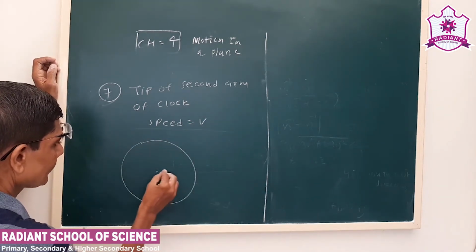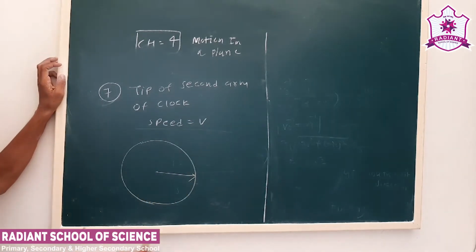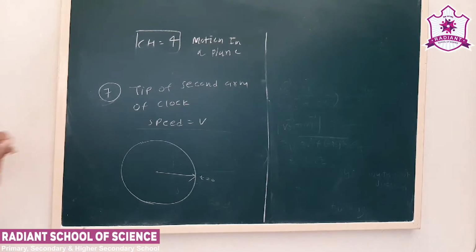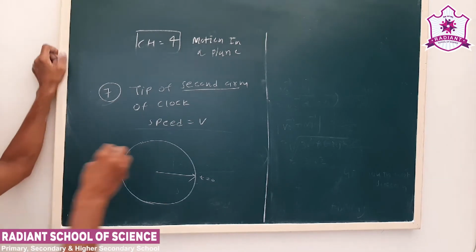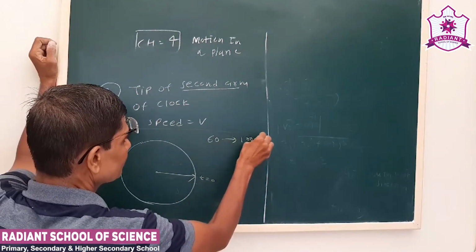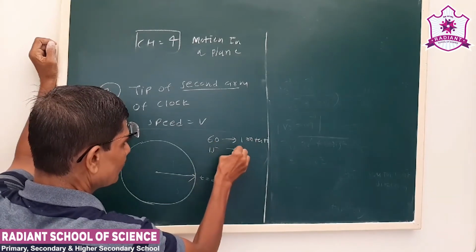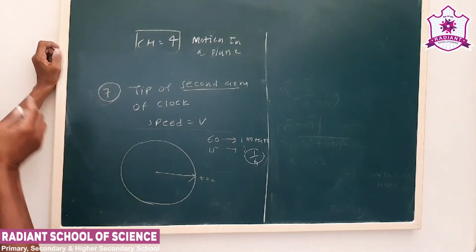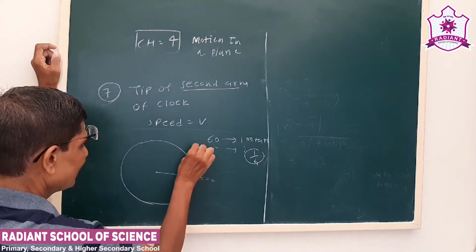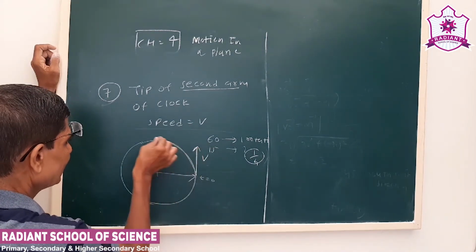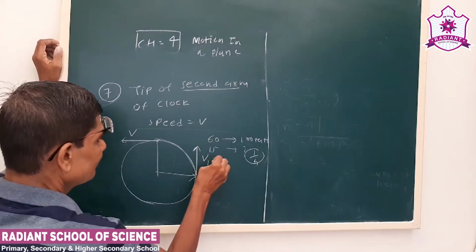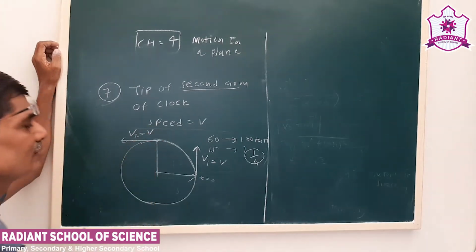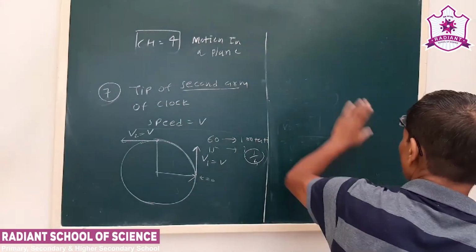Let us say the second arm is here at t equal to 0. We know the second arm completes one rotation in 60 seconds, so in 15 seconds it completes 1 by 4 rotation. At a given instant the speed is v, and in 15 seconds it will be here, the speed is v. Now what is the change in the magnitude? v1 is v, v2 is also v, but we want to find the change.